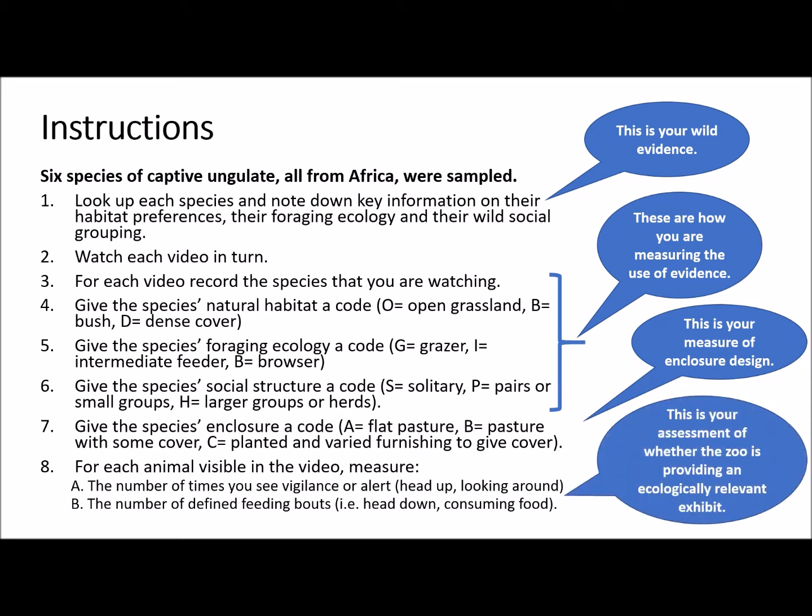And then you have data that give you an idea as to whether or not the zoo is providing an ecologically relevant exhibit. So here we have a methodology for taking evidence, for coding that evidence, for asking the animal, and for evaluating how provision is used for the animal in captivity.